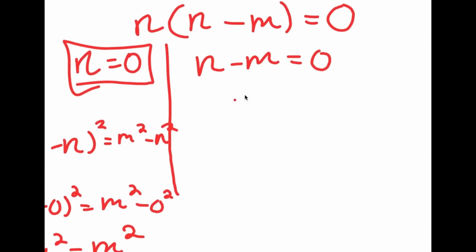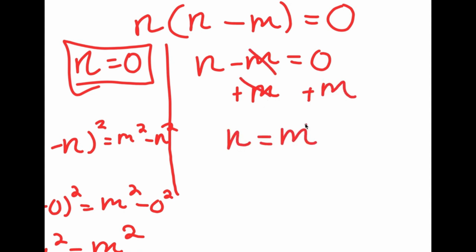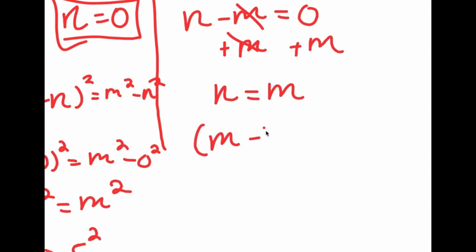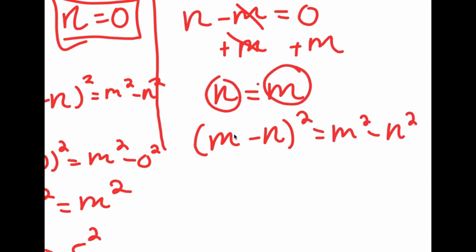Now for here, I have n minus m equals 0. So if I add m on both sides, I get n is equal to m. Now, if I put this back into my regular equation, I have m minus n squared is equal to m squared minus n squared, and I'm going to rewrite n as m because they're both equal to each other.